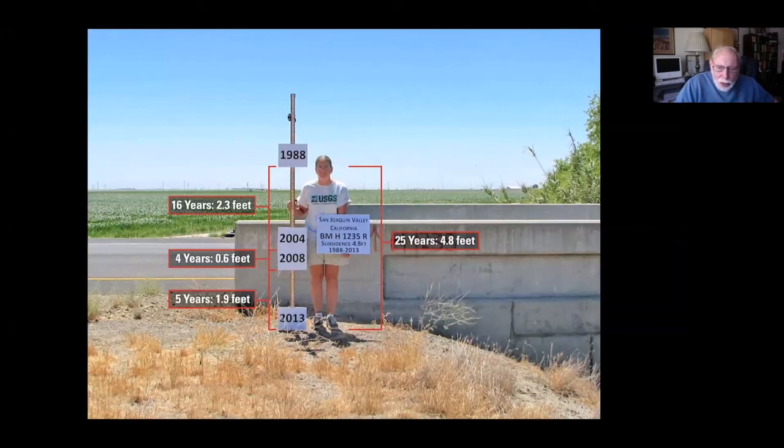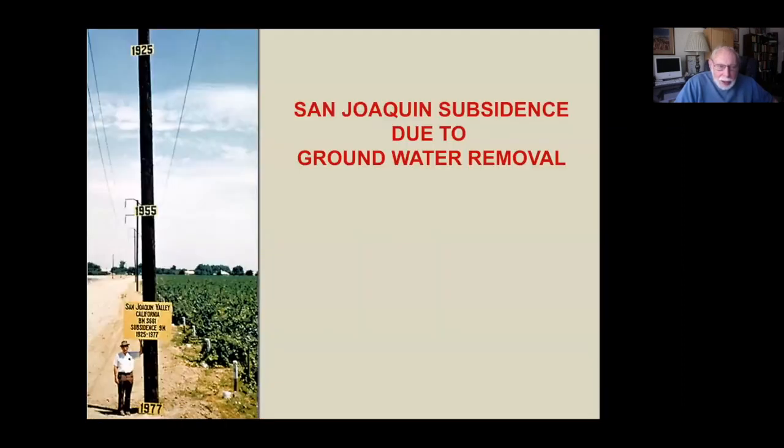This is 4.8 feet, nearly 5 feet in 25 years. And I'm not sure quite where this is, but in the period between 1925 and 1977, there has been that much sinking of the land. And that's in part loss of reservoir.